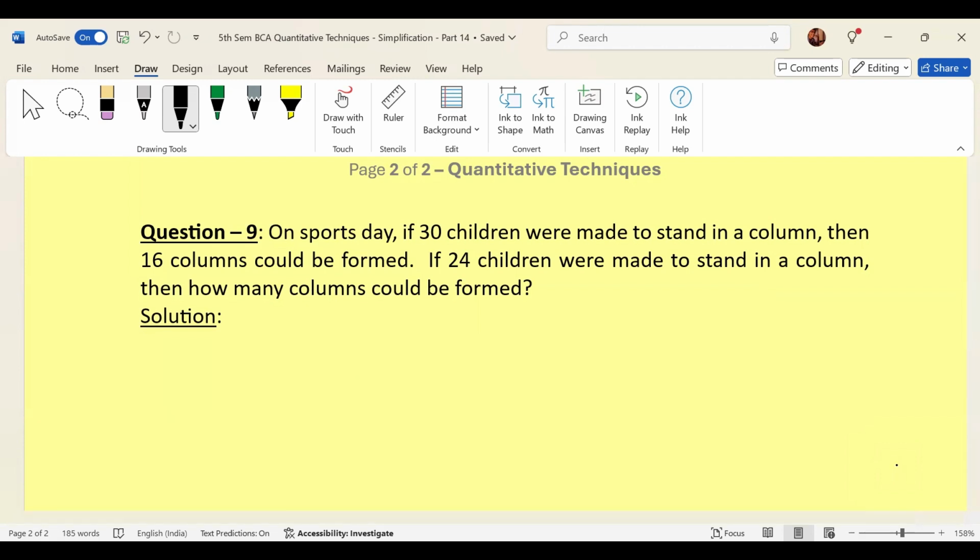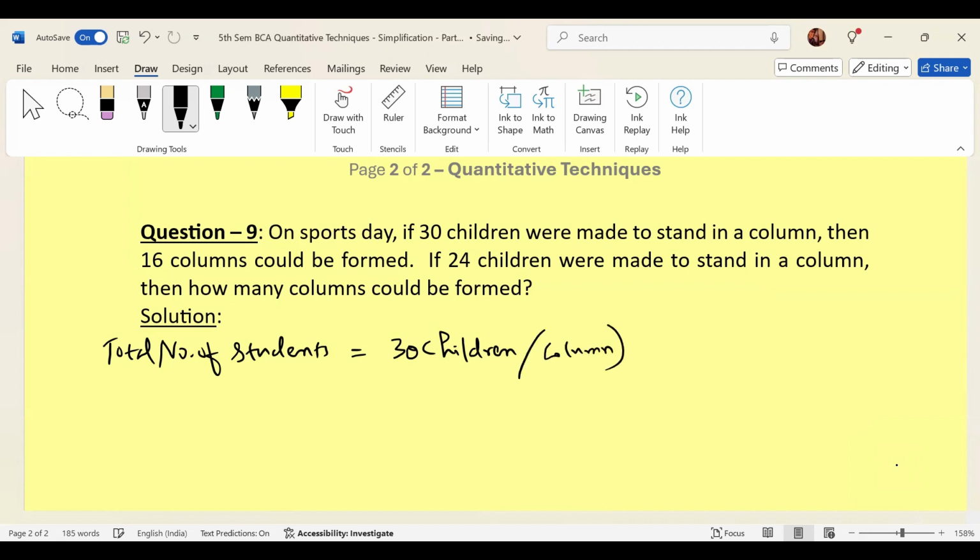Now, based on the first sentence, total number of students will be 30 children per column multiplied by 16 columns. That will give us 480 children.